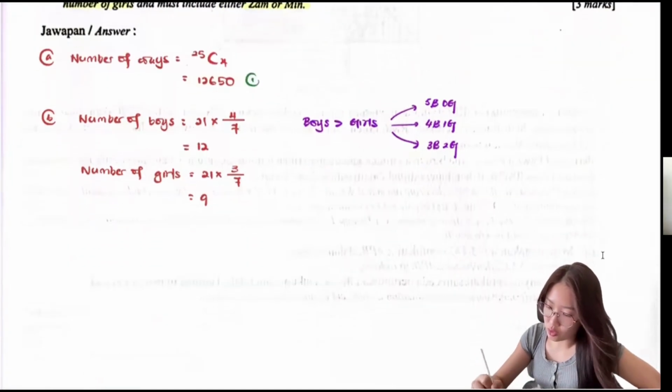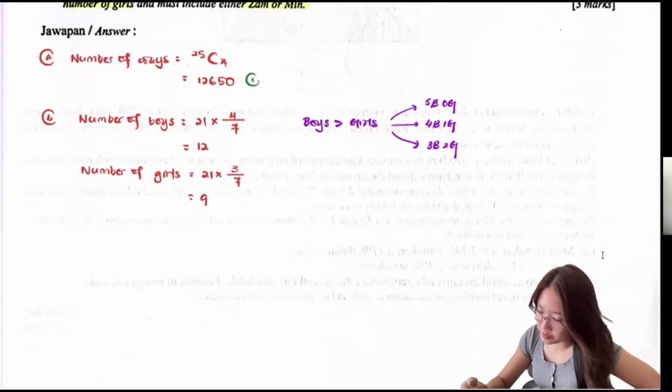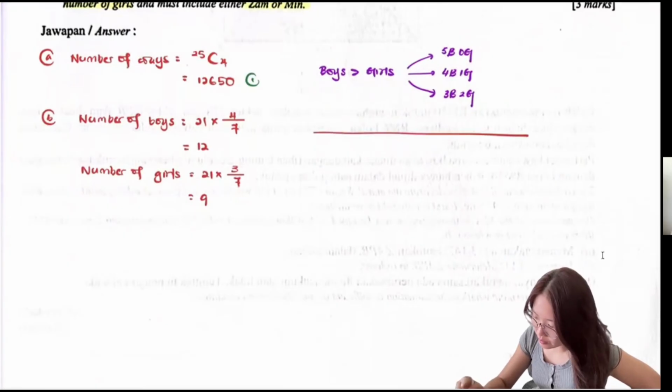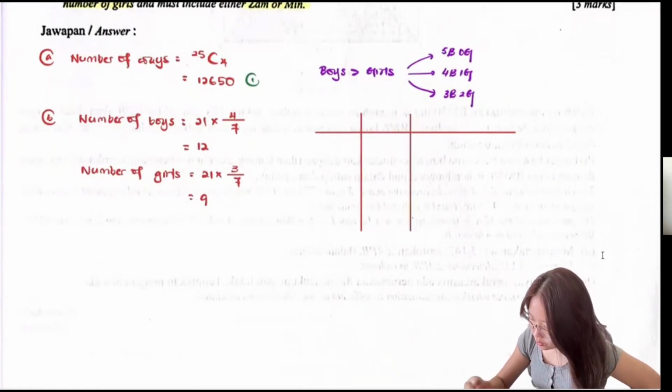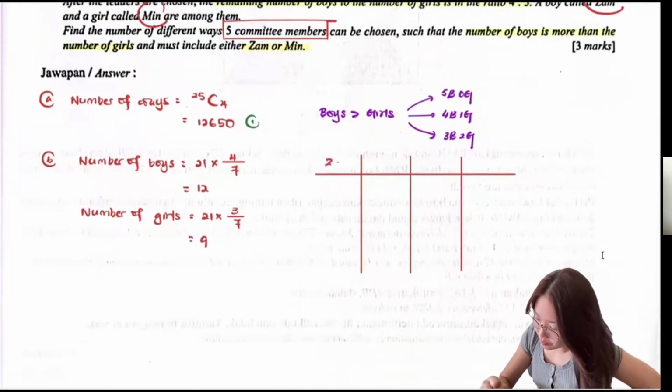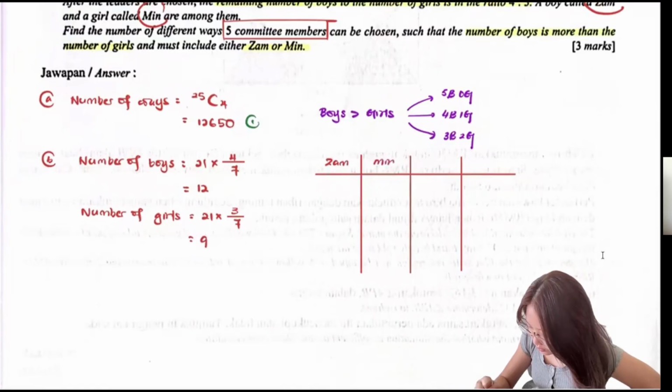Then I'm gonna draw you a table over here. Because you have 2 special people, Zam and Min, we split this into 4 columns. This is Zam, Min, boys, girls.